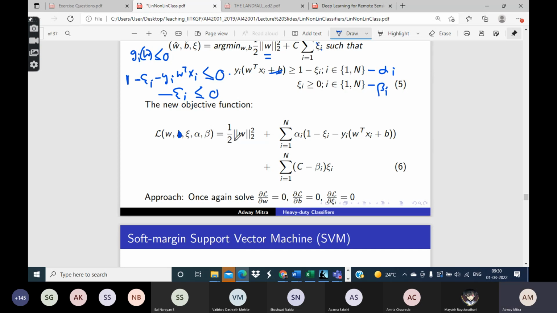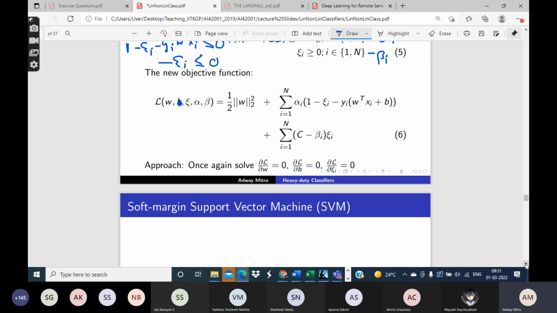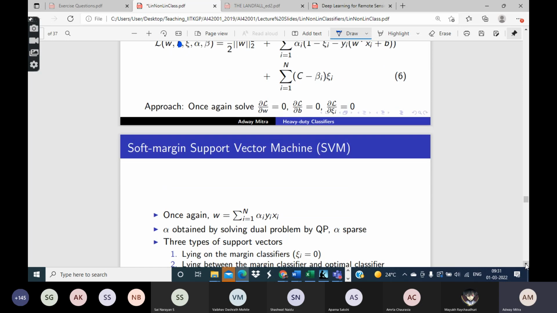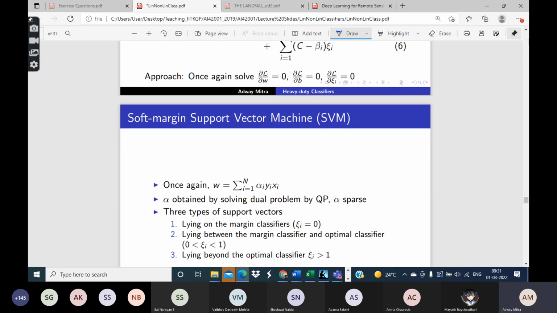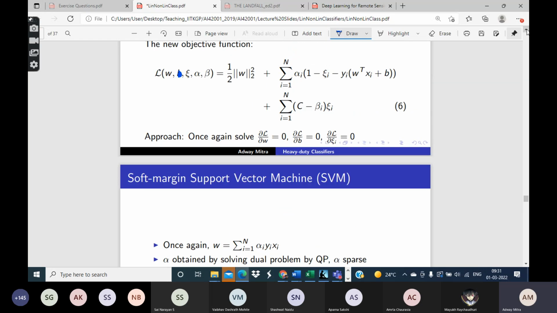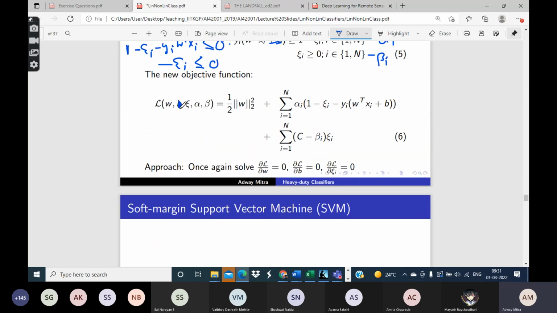Now what I will do is the same thing which I had done earlier. I will take the derivatives with respect to the w's, the xi's, alphas, betas, etc. This time also I am not going to show all the steps of the derivative. But one thing you can see right away is that when we take the derivative with respect to w, I will still get the same expression, just like earlier.